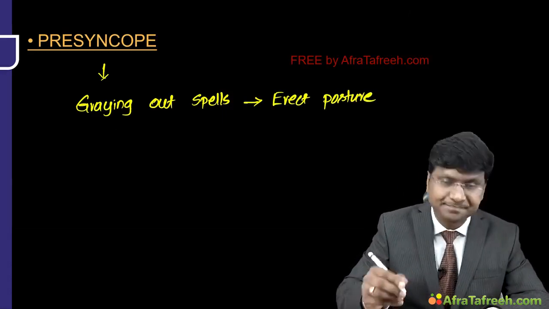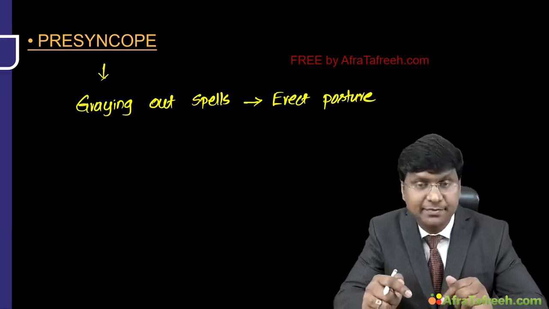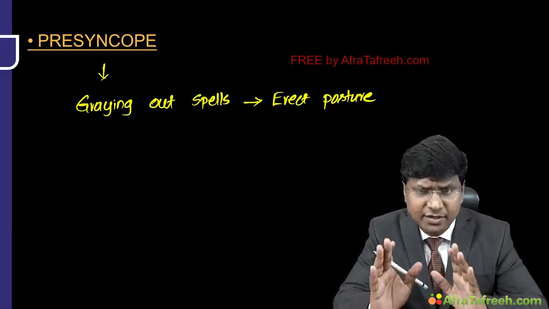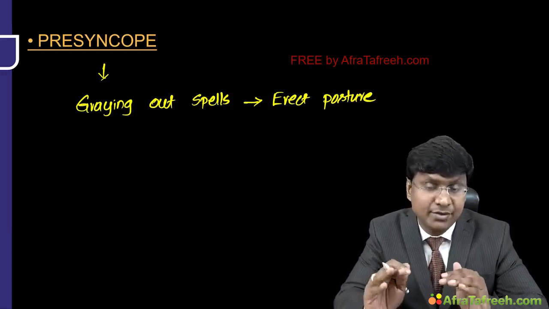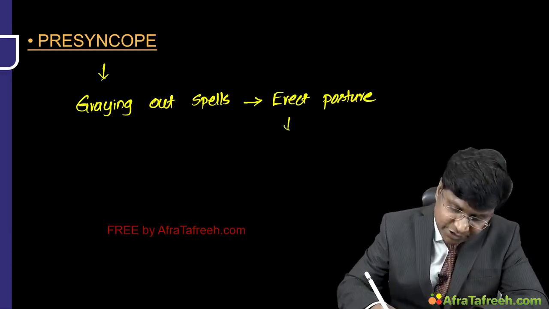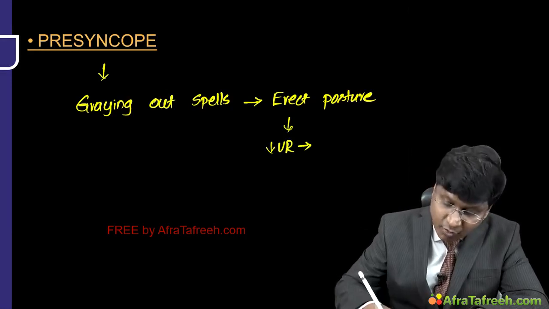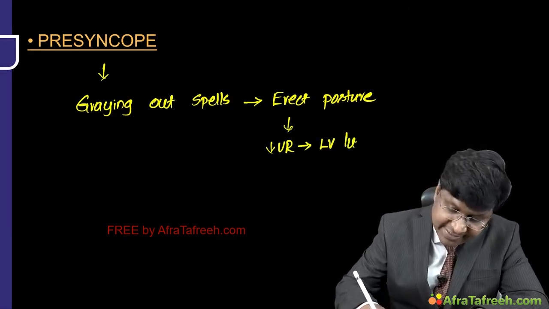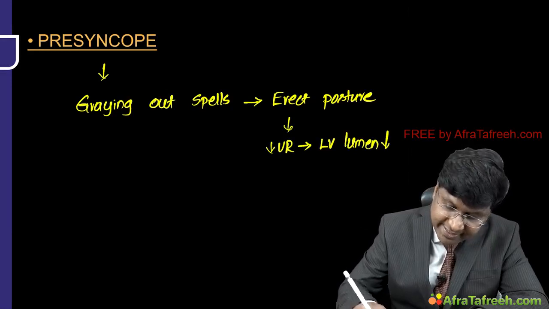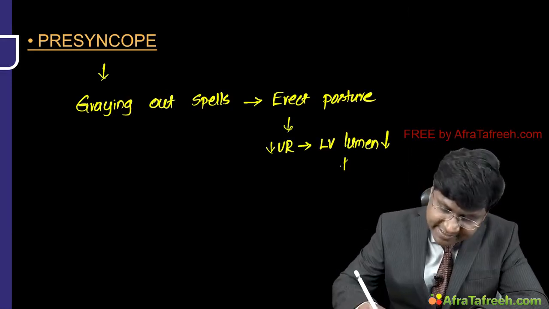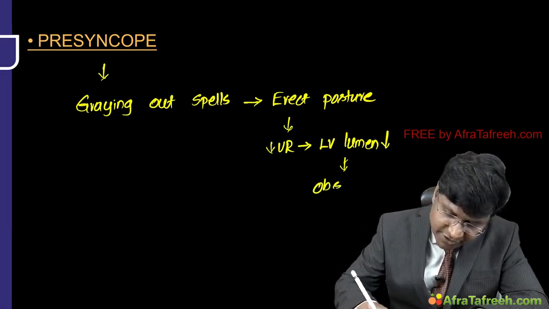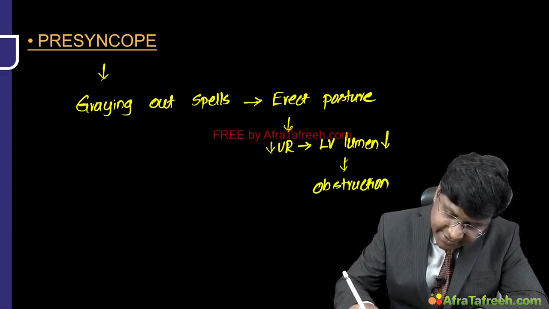In individuals with hypertrophic cardiomyopathy, whenever the individual stands, what will happen to venous return? In the erect posture, the venous return decreases. When venous return decreases, what will happen to your LV lumen size? The LV lumen size decreases. Once the LV lumen size decreases, what will happen to the obstruction? If it is hypertrophic obstructive cardiomyopathy, the obstruction increases.